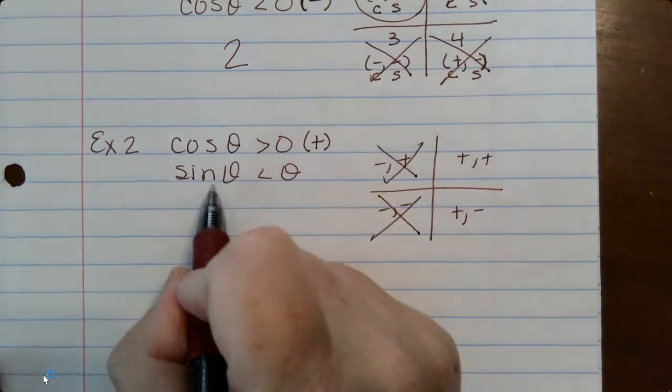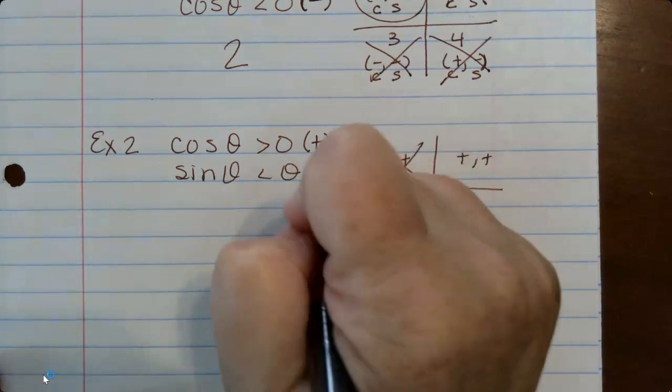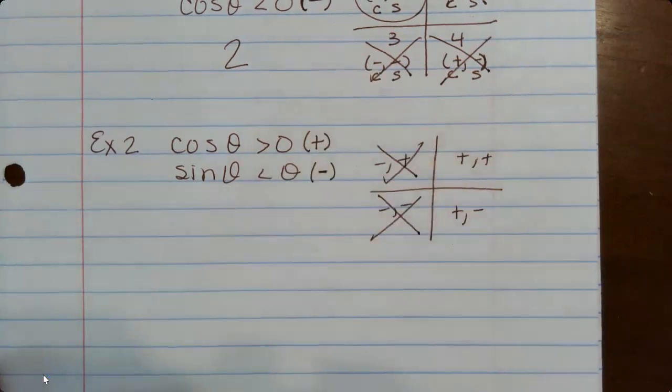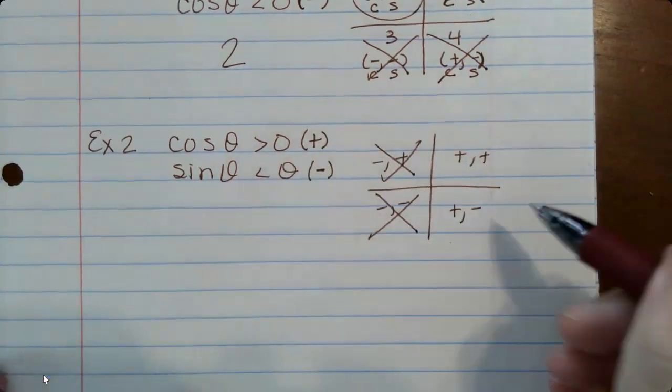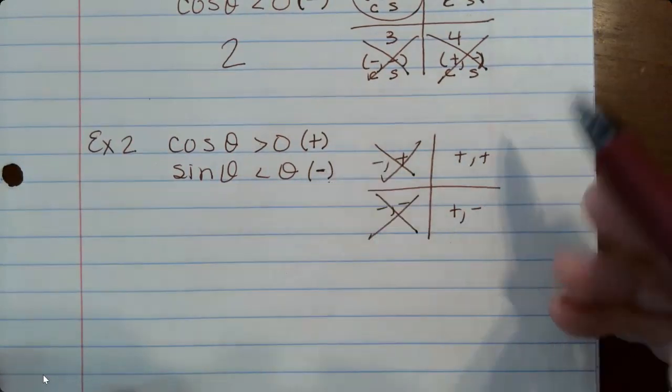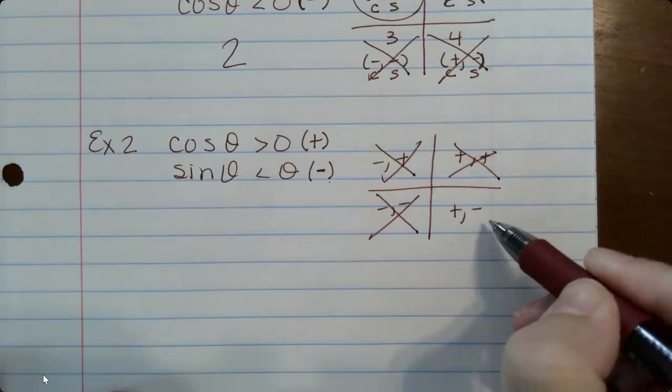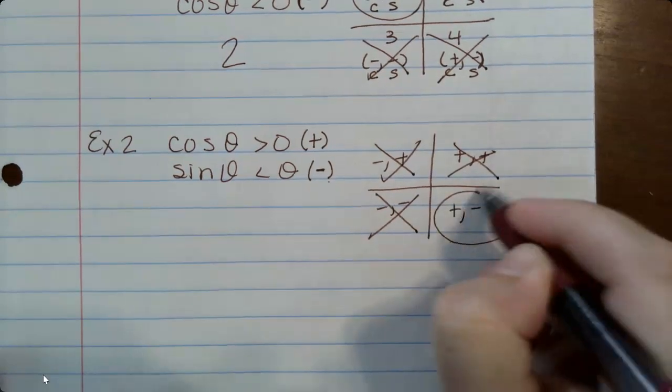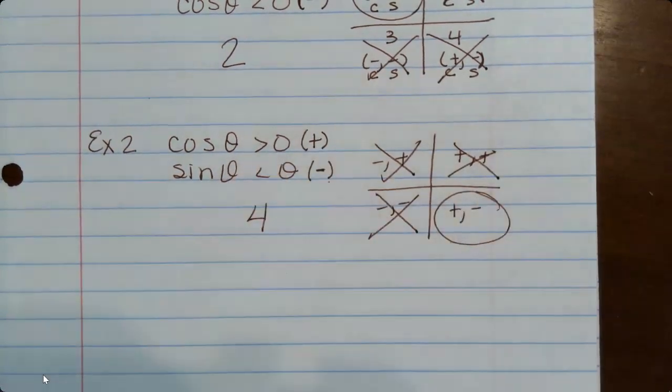Now, when is sine less than 0? Okay, so we're looking for a negative. So quadrant 1, sine is positive. Quadrant 4 is negative. So the answer here is quadrant 4.